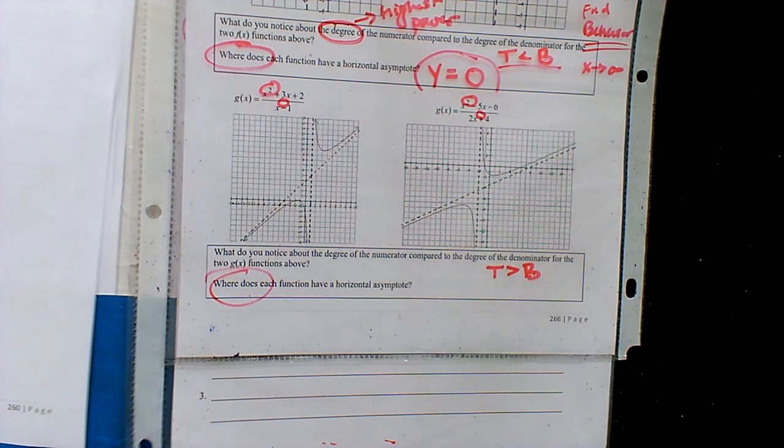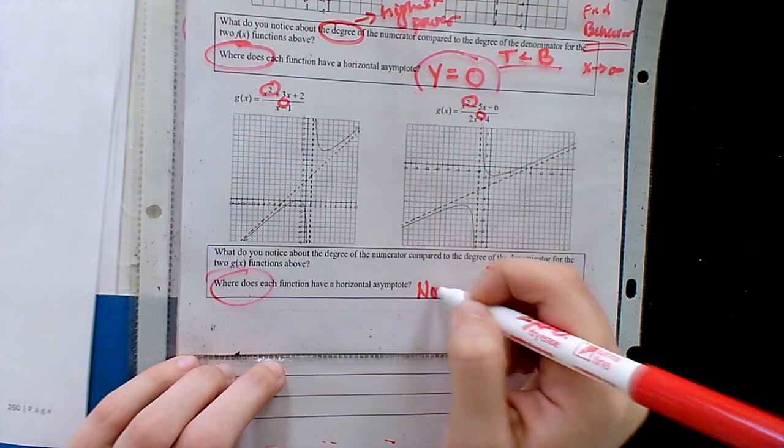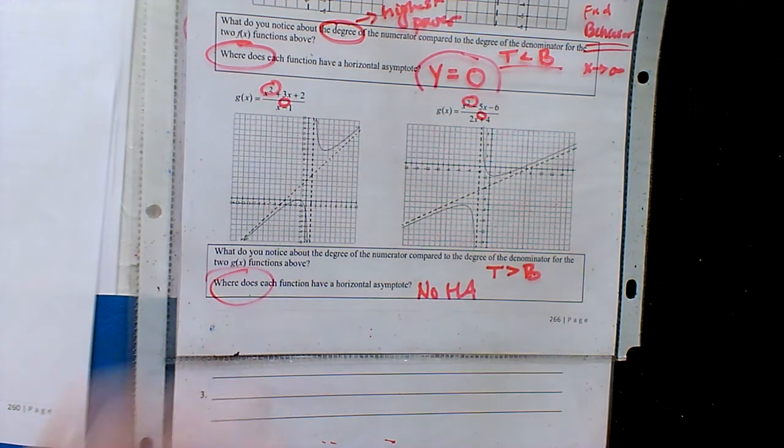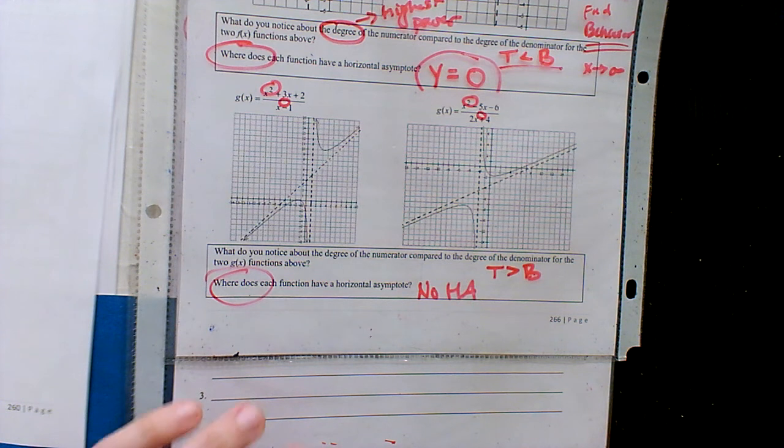Where's the horizontal asymptote in these graphs? Where is that horizontal dotted line? What do you think, Maggie? There's no horizontal asymptote, okay, but we do have something else interesting going on in these graphs. Instead of a horizontal dotted line, notice how it's slanted, diagonal, okay?